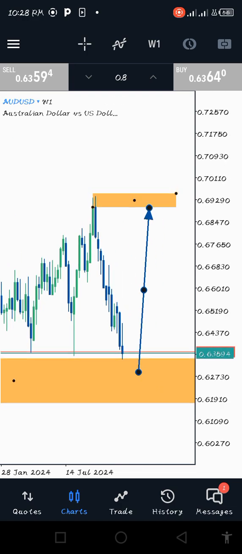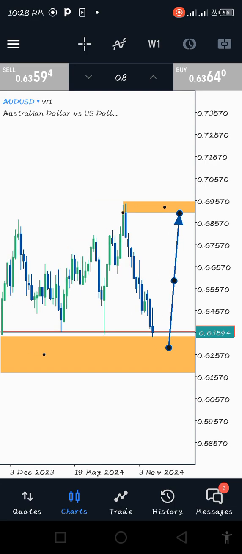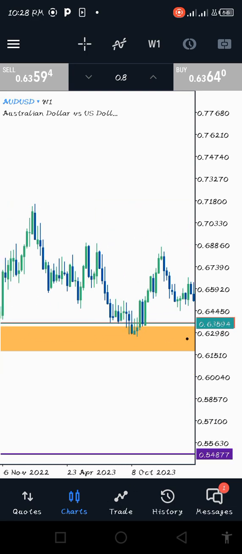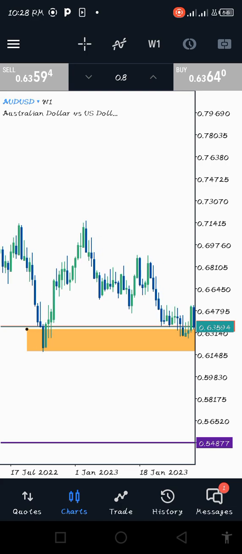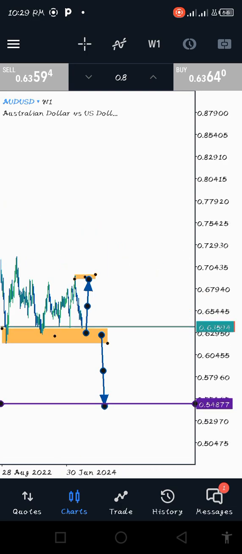But until then we stay patient until we see what price wants to do.